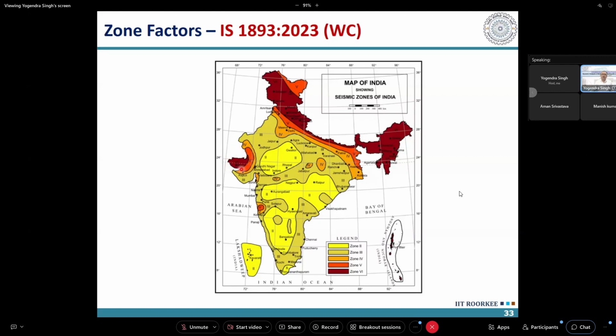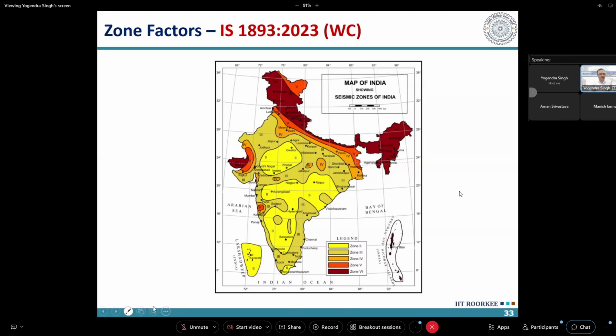This was there earlier in zone 5. So out of zones 5 and 4, 2 zones, 5 and 6, have been created. 6 is the most hazardous zone, and then zone 5 is the Indo-Gangetic plains, and then we have zone 4 in Delhi. You can see Delhi remains in zone 4, but from Delhi to the Himalayas there are zone 5 and zone 6. So 3 zones are changing.